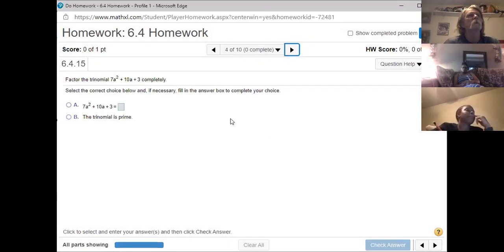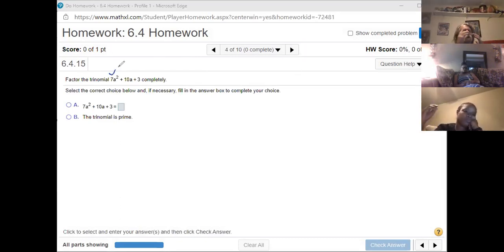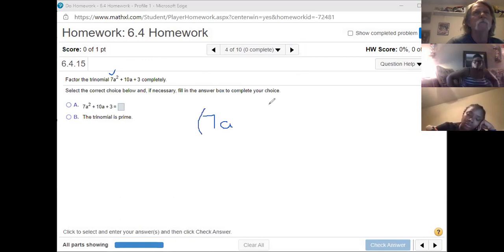All right, factor this one completely. So they're helping us out. 7 is a prime number. Prime numbers are good because then I don't have to worry about factors of 7. It's just 7 and 1. So if it's factorable, it has to start off with a 7a and an a.